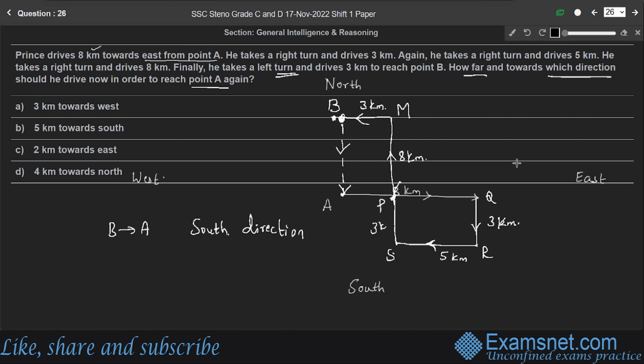PS is also 3 kilometer. If PS is 3 kilometer and S to M is 8 kilometer, therefore PM is 8 minus 3, which is 5 kilometer. So BA is equal to MP.